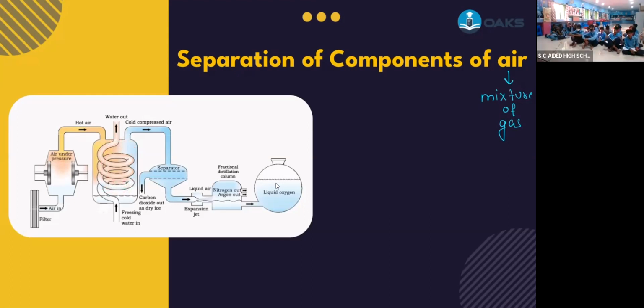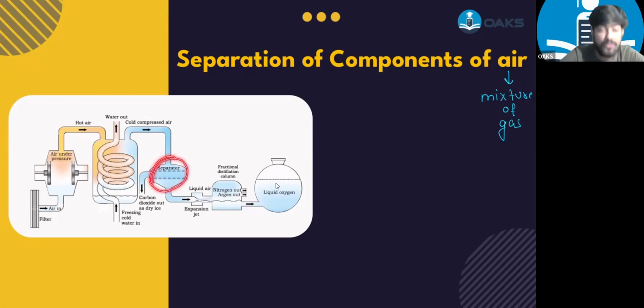Yes. Now see, this is the chamber where we are going to separate all the gases. If we talk about carbon dioxide gas, when you cool it, it gets converted into solid form. So carbon dioxide can be easily separated from this mixture, yes or no? Why?